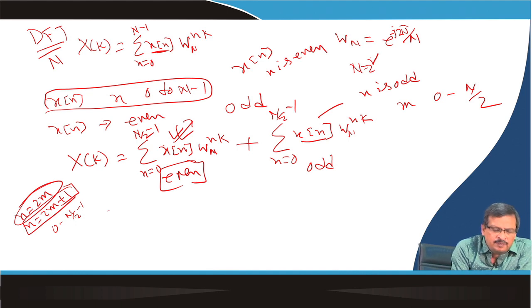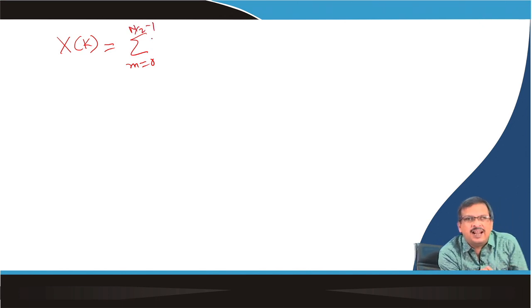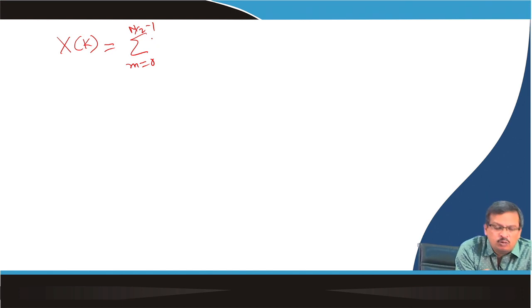So X of k can be written as the sum over m equal to 0 to N by 2 minus 1 for the signal which is even.